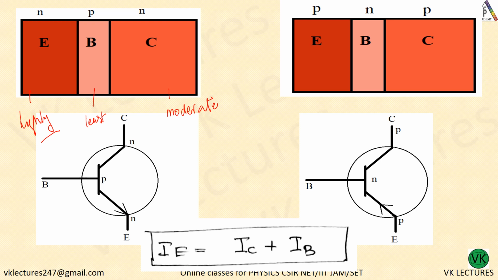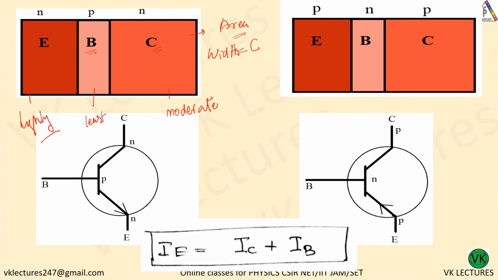Now the area covered by this emitter, base and collector are also given in this picture. Collector is having the largest area. According to width, the width of the collector is the largest. Then base is having low width.